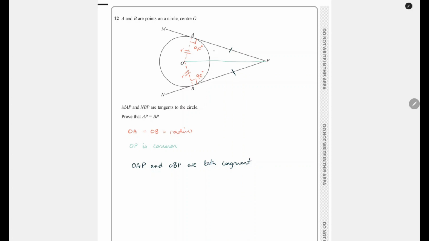And as we have the same side, angle, and side, therefore, AP is equal to BP.